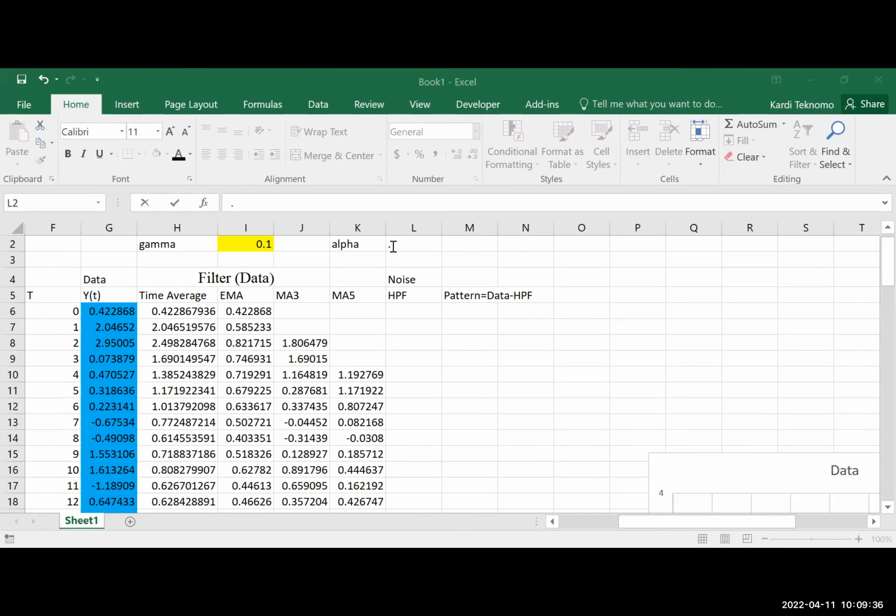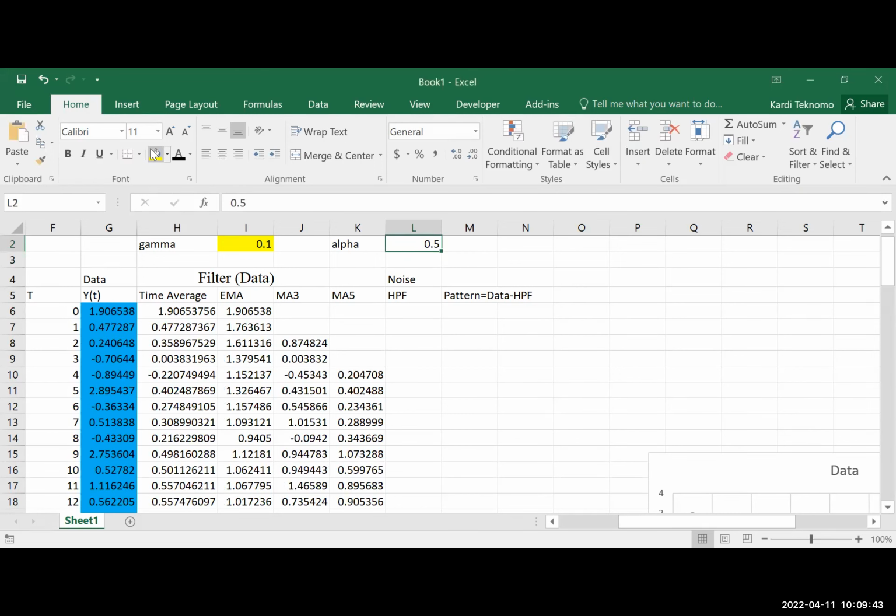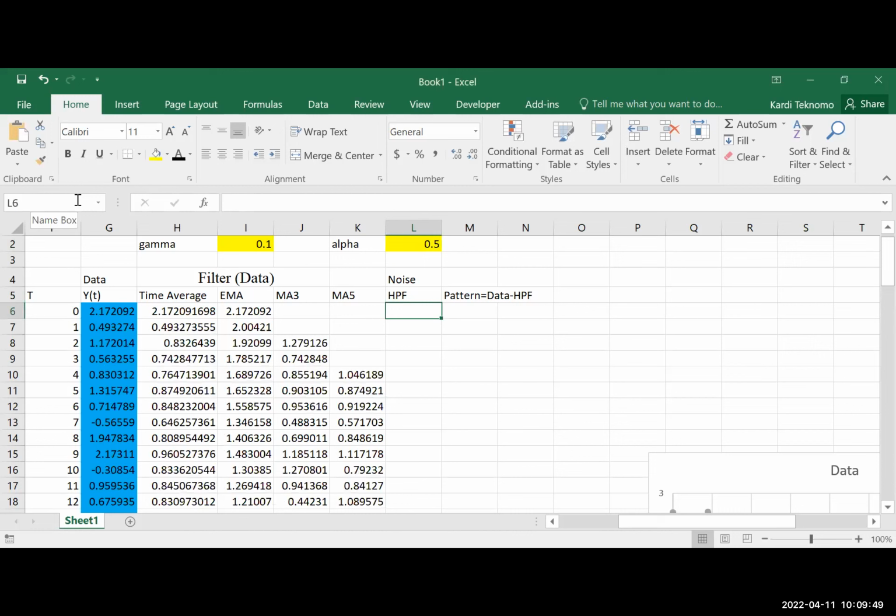Okay. So I put 0.5 again. Okay, and let's name this alpha. Can you see? Yes, sir.